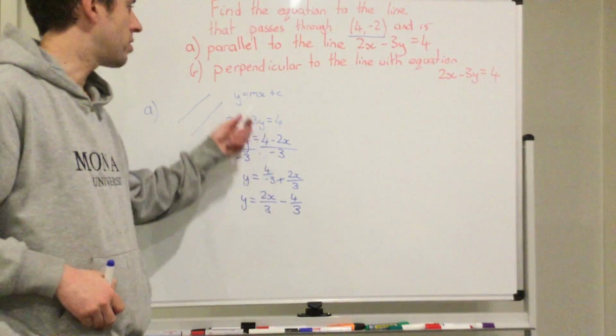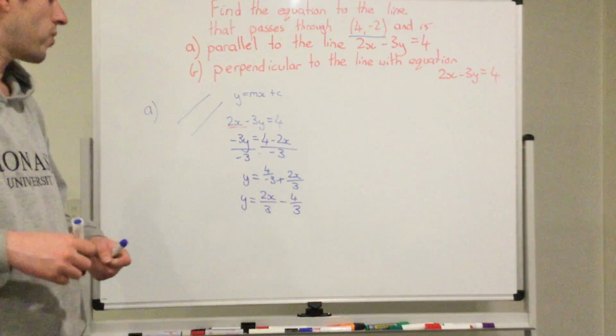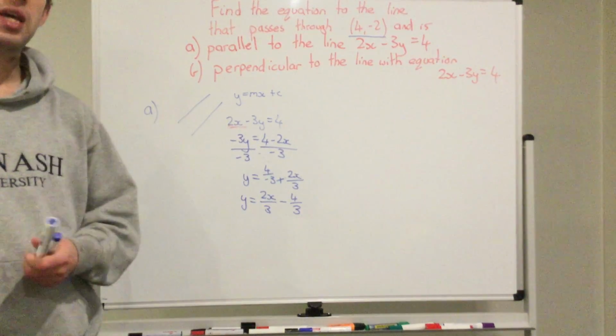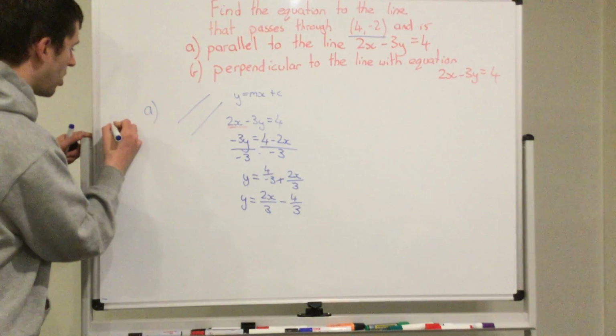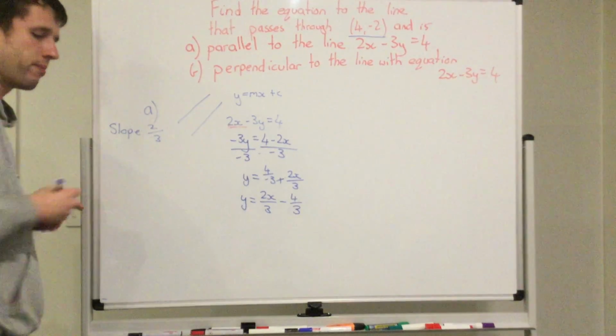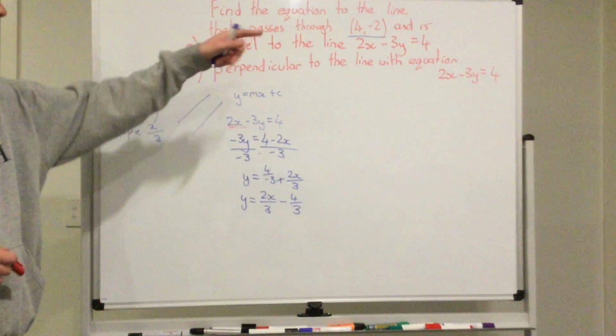Now I've got it into my y equals mx plus c form, so I can see straight away that my slope is 2 over 3. I'm going to put that over here. Slope is 2 over 3.